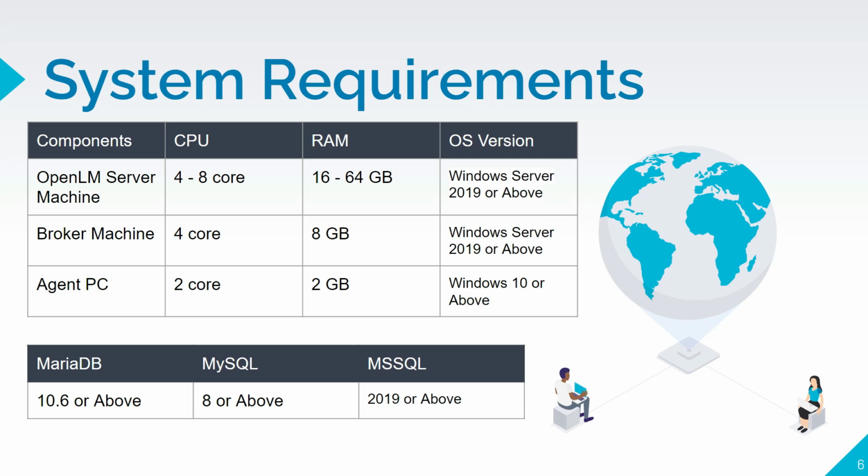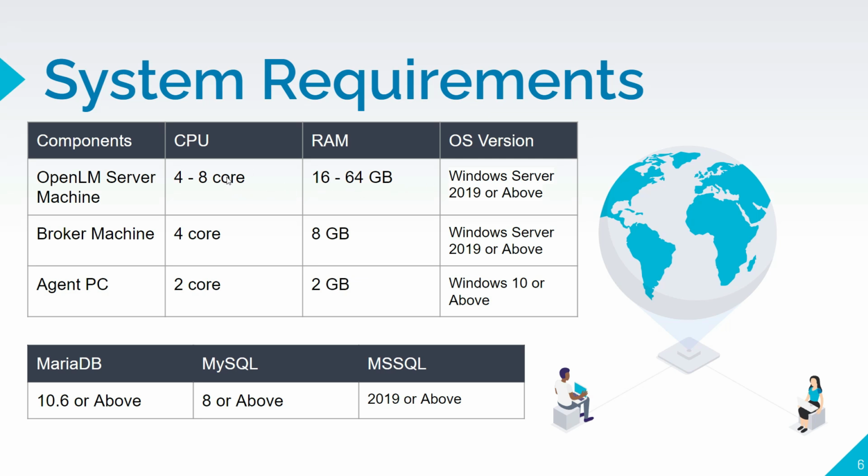But maybe it's convenient to put most of the components on one machine if your machine spec is high. The OpenLM server machine is like 4 core to 8 core, and RAM is like 16 to 64 gigabytes.